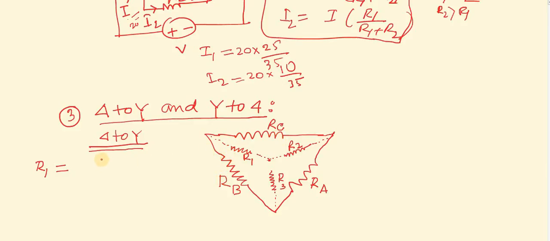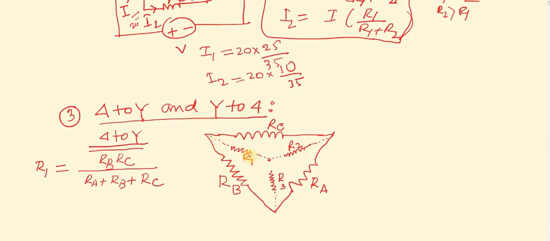So multiply that resistance Rb Rc divided by the sum of all three resistances, that is Ra plus Rb plus Rc. It is quite easy to understand, easy to remember actually. So to find the value of R1, multiply these two adjacent resistances and divide by the whole resistance.